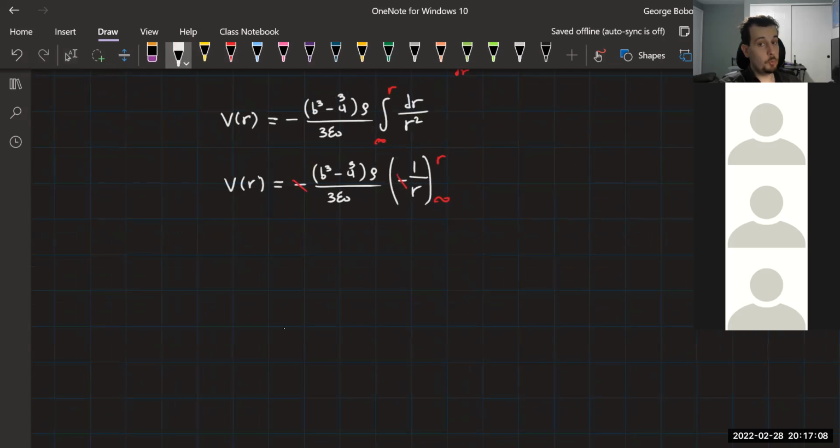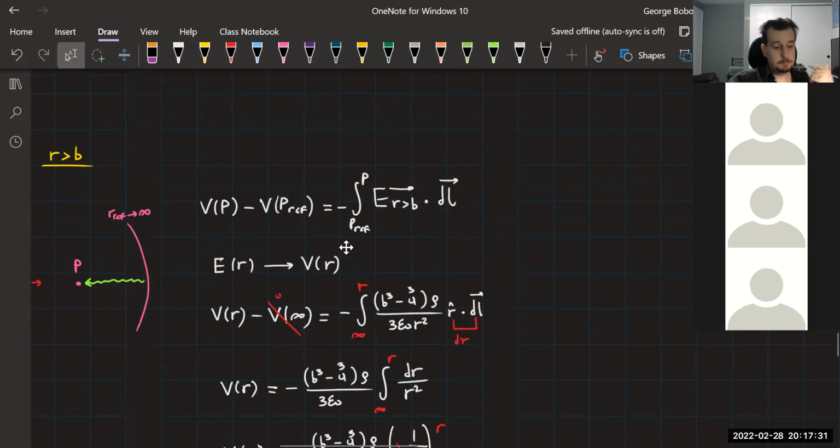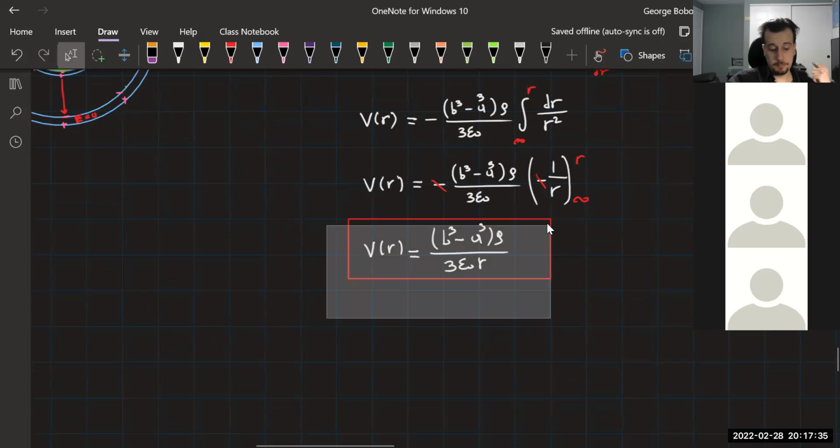And all you're left with is a 1 over r dependency, which is what we expected. Here come the constants, rho, and then 3 epsilon naught times r. So this is the function that will work for any point at r beyond b. Any point r beyond b, use this function to find the potential.